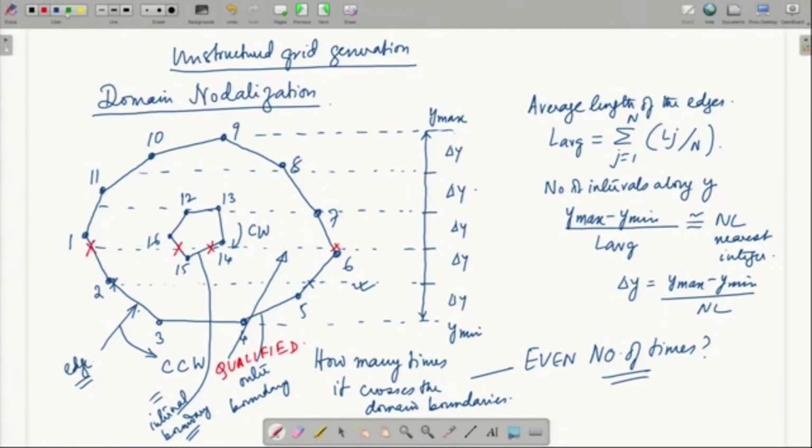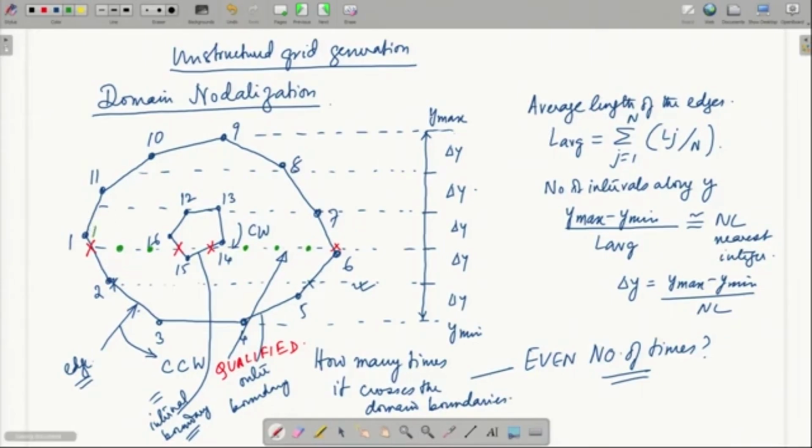So, what is the next step you do? The next step is to deploy points in between the intersection points. So, you have 4 intersection points.